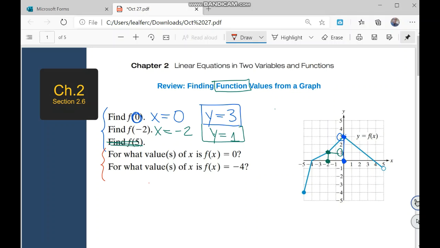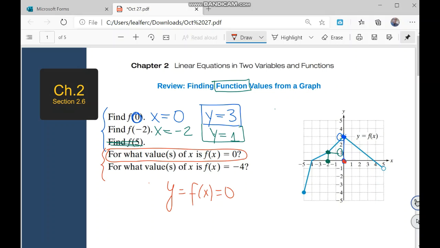So let's check this one here. y equals f of x equals 0. So go to 0, go to the graph, on the y-axis find y equals 0, is right here, right?